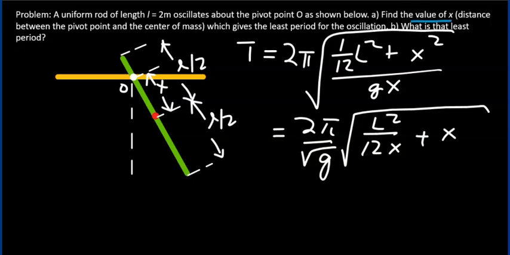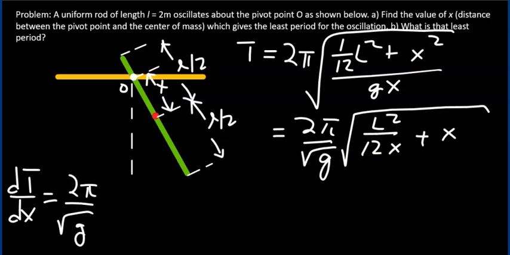We want to find the value of x which gives the minimum period for the oscillation, so the value of x that makes capital T minimum. So all you have to do is to determine dT/dx. Let's take the constant term out. Now let's differentiate the square root term.